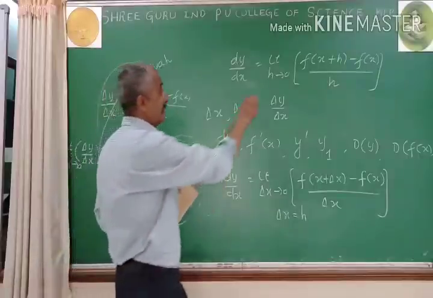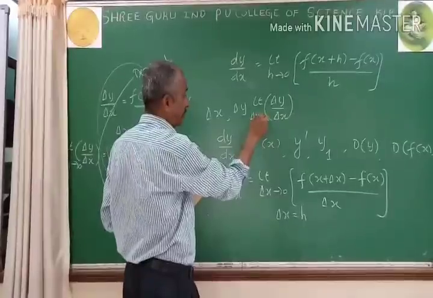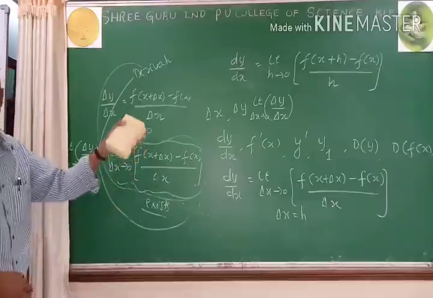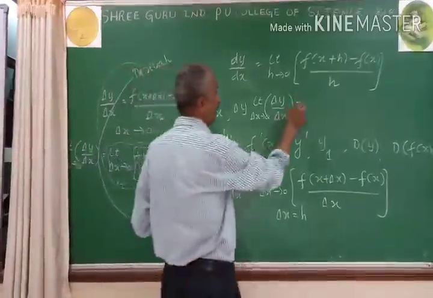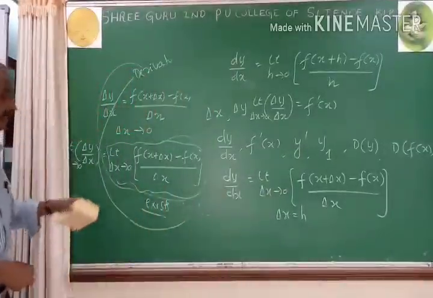In particular, the limit of delta y by delta x as delta x tends to 0 is called by the name derivative of a function. As we discussed, it is denoted by f dash of x or dy by dx.